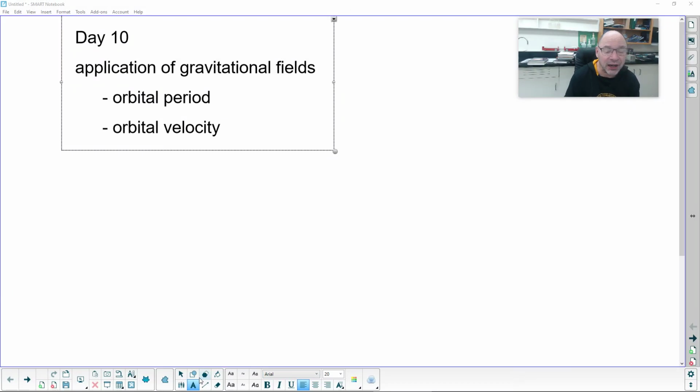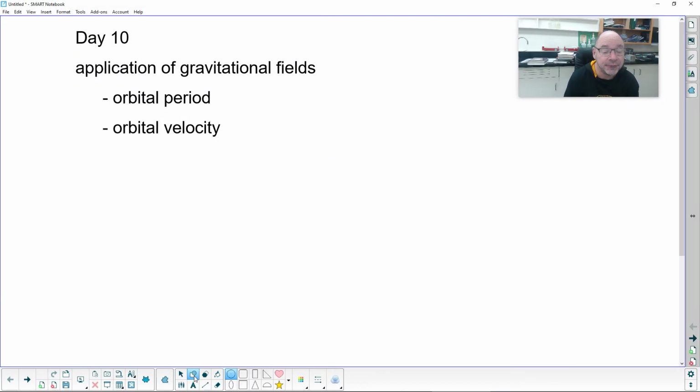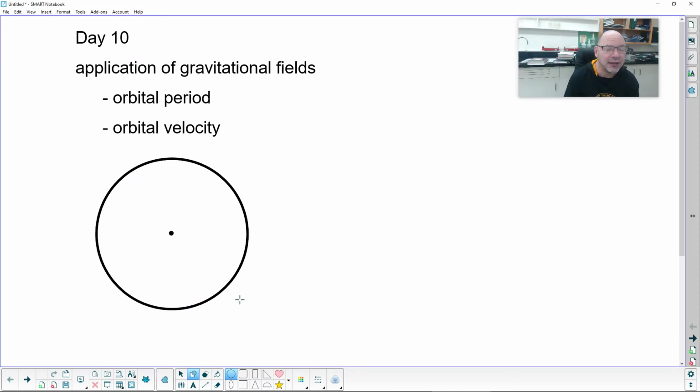Okay, so let's start out with a little picture here. Let's say that we have, let me use my circle here. So there's my center. Okay, so we've got a circular motion, and we'll have some radius out here like this.